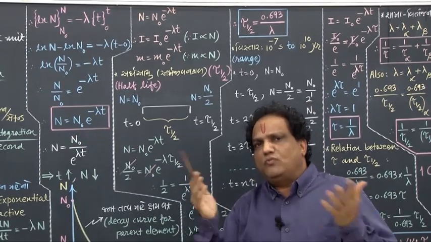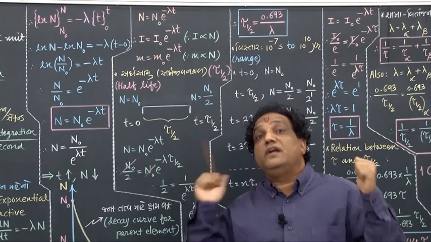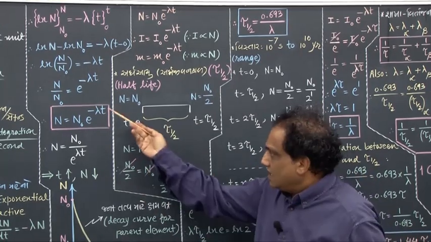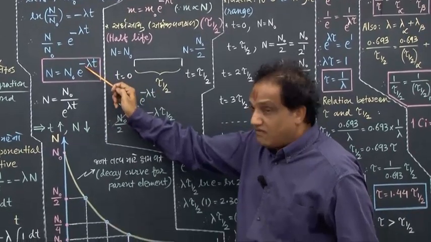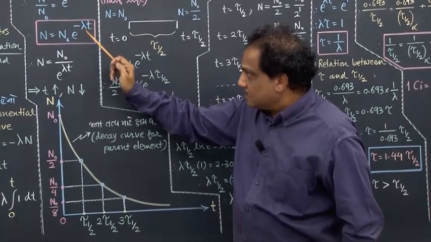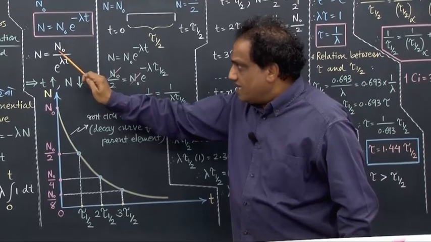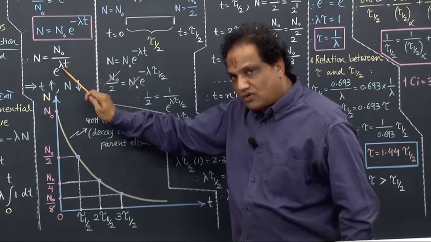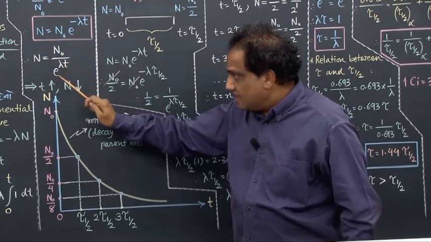Then you may have a question, what does it indicate? Take this down, so the power will become plus. Now N0 is constant, lambda is constant for a given radioactive element, and e is constant as such.